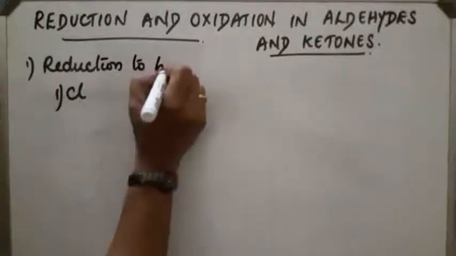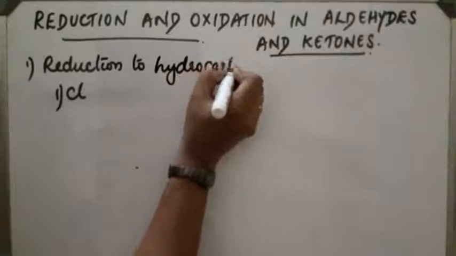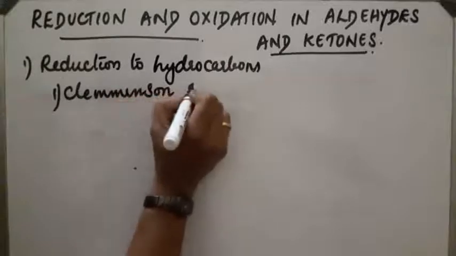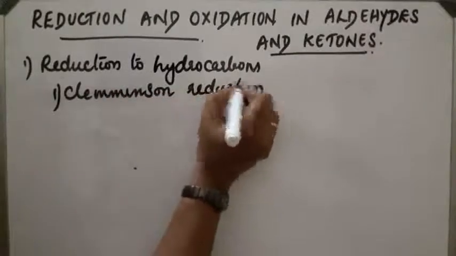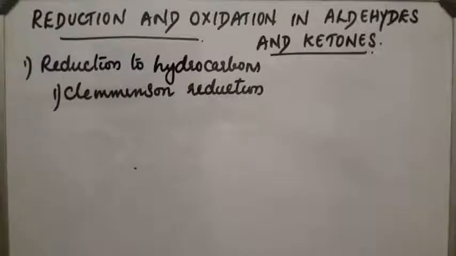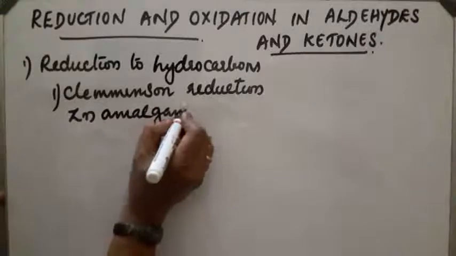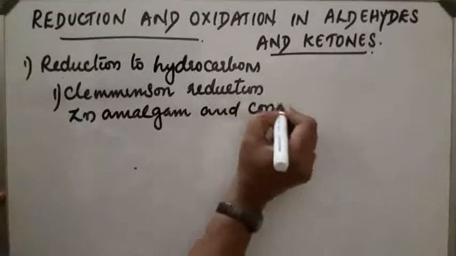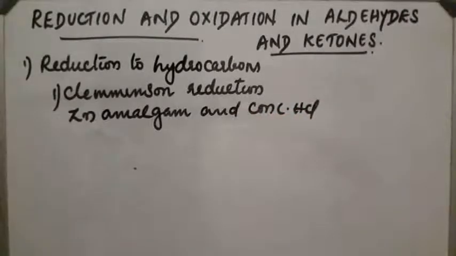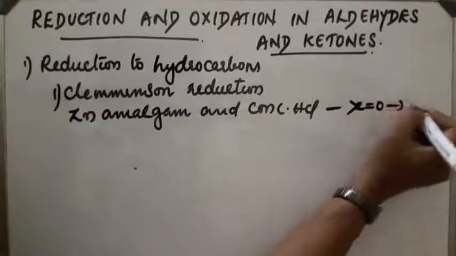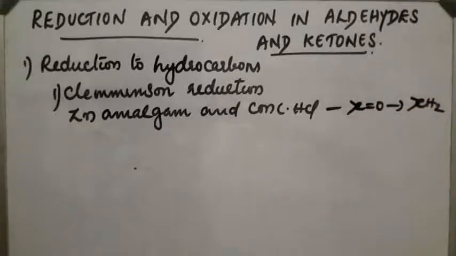In this reaction, aldehydes and ketones, on reaction with zinc amalgam and concentrated HCl, have the CO group reduced to a CH2 group. So first reaction, Clemmensen reduction.